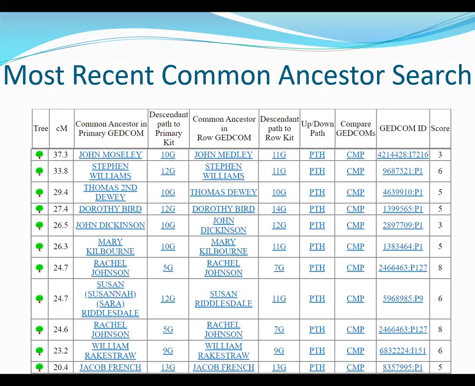The Sarah Riddale is 12 generations away. A point I want to make here is that just because you share a DNA segment with somebody and you find a genealogical connection does not necessarily mean that the genealogical connection had to have come through that particular DNA segment. The segment may have been passed down through a different ancestral line.